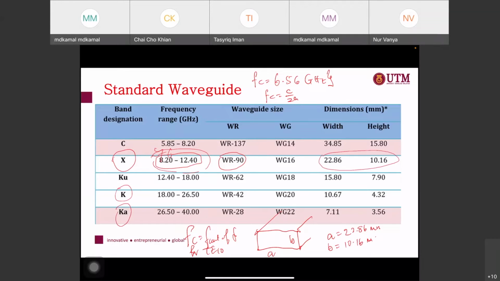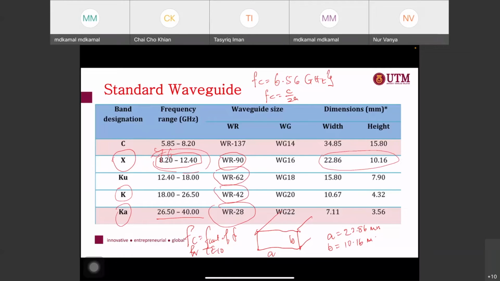As you can see, it is the same thing for the Ka and K band here. Ka is 26.5 to 40. So this is WR28, WR40. This is the standard that people use: WR28, WR42, WR62, and so on. In between there is also WR30 and so on.